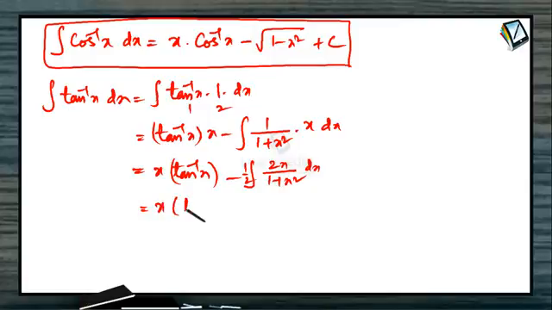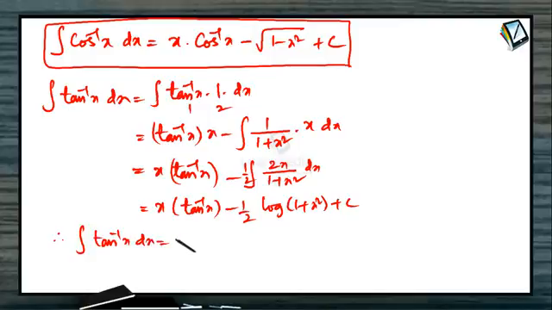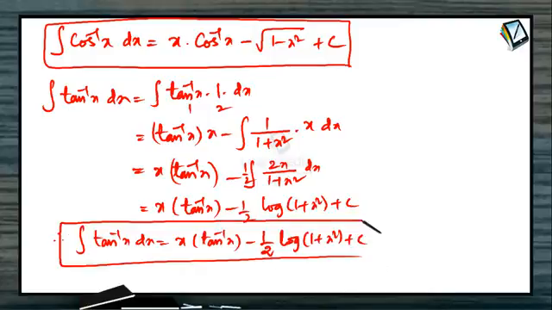Thus it becomes x times tan inverse of x minus half into log of 1 plus x square plus c. Therefore, the integral of tan inverse of x dx is equal to x times tan inverse of x minus half into log of 1 plus x square plus c.